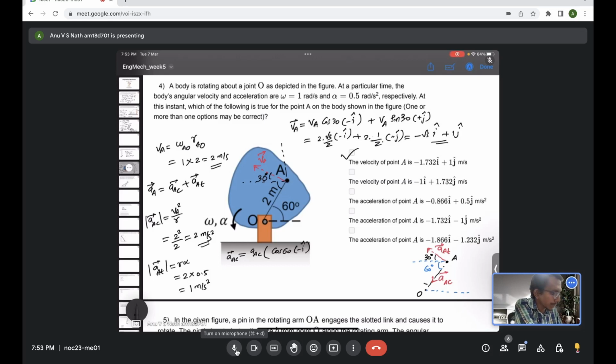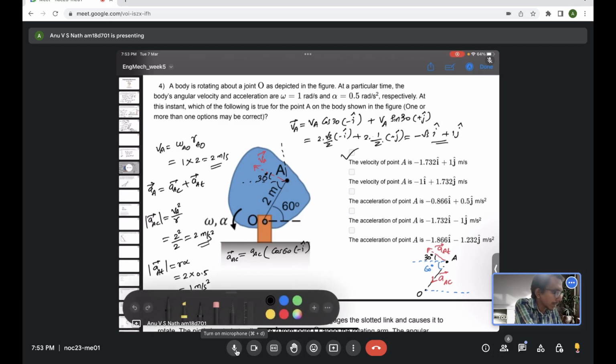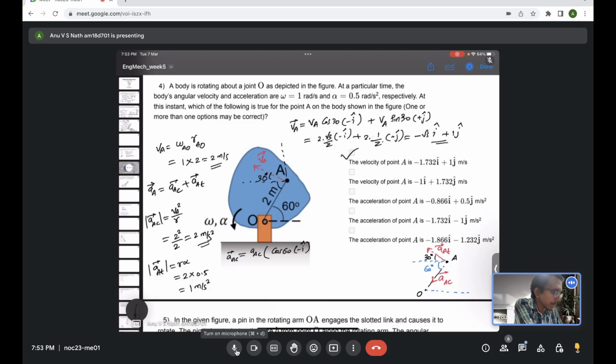That is the projection of this along the horizontal direction. Similarly, the projection along the vertical direction, which is acting downward, is sin 60 in the minus j direction.